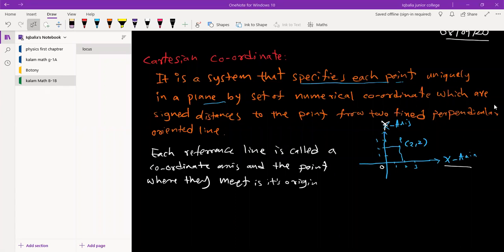What is the Cartesian coordinate? कार्टेशियन कोऑर्डिनेट एक सिस्टम है जो कोई भी पॉइंट की पोजीशन बताता है. ये पॉइंट कहाँ पर है, एक लॉजिकल मैनर में. ओके.